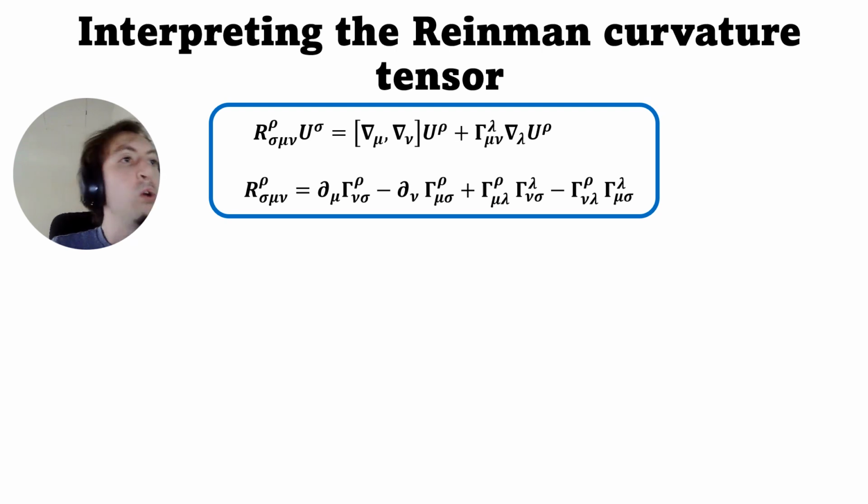But once we've got our bottom line, we can see that really the Riemann curvature tensor has 4 terms in it. 2 pairs of terms, with each pair having a fairly unique meaning.